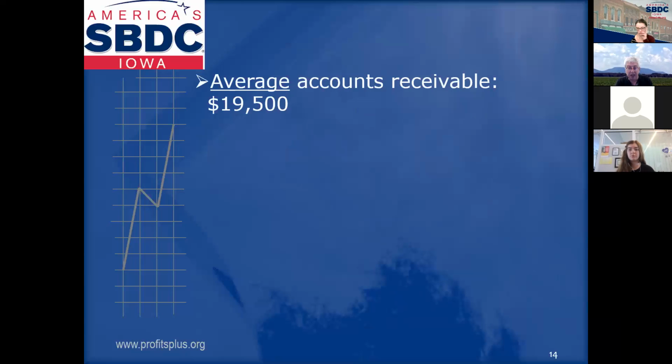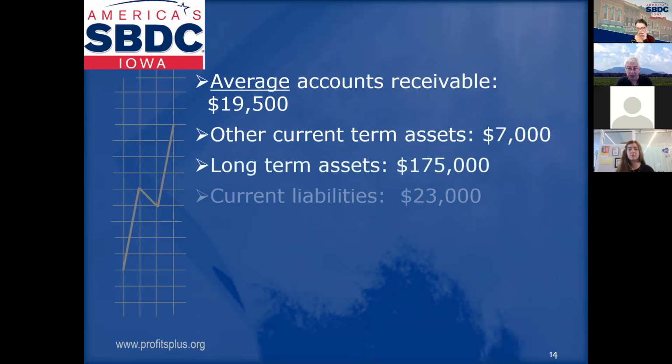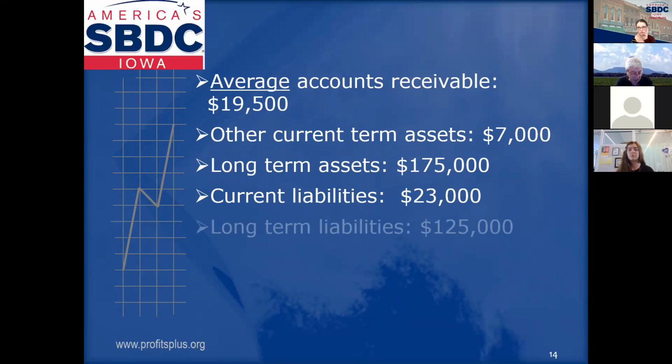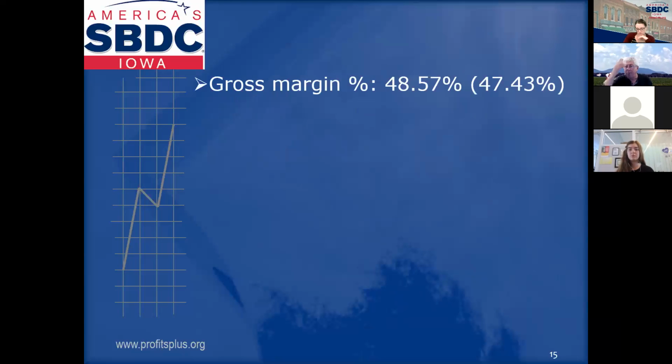I didn't change the accounts receivable. I didn't change the cash on hand. I didn't change anything about the building. I didn't go back and say, let's go back and remortgage it or anything fancy like that. What do we get for results now? My margin went up 1.14%. Now, many people go, oh, it's just 1%.